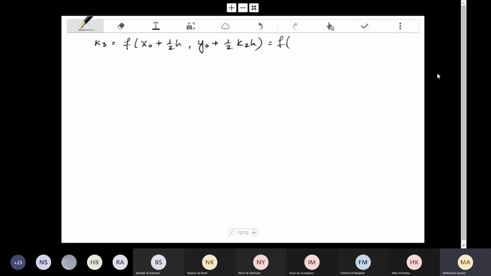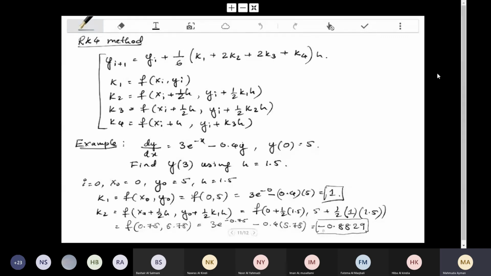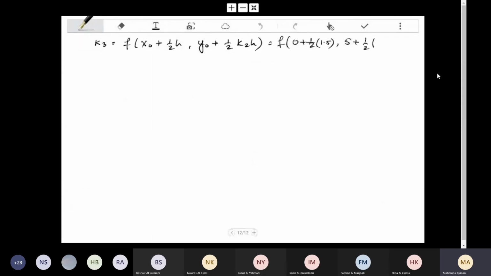So f of x0 is 0 plus 1 half times h, which is 1.5. And we have here y0, which is 5 plus 1 half times k2. So we just got the value of k2 here, which was minus 0.8829.